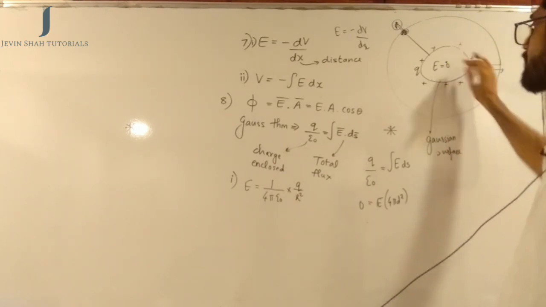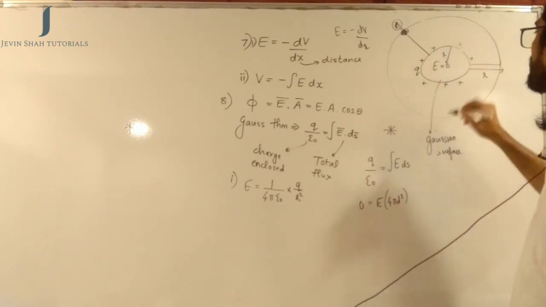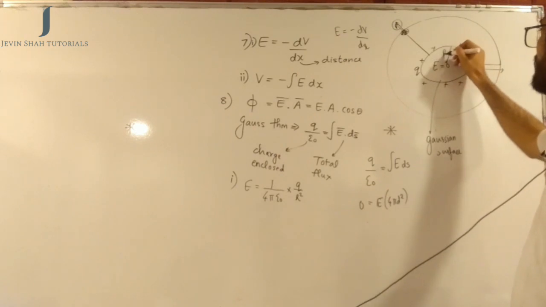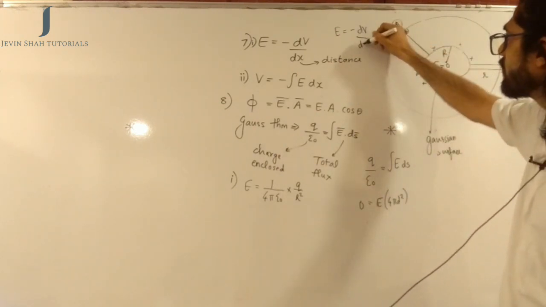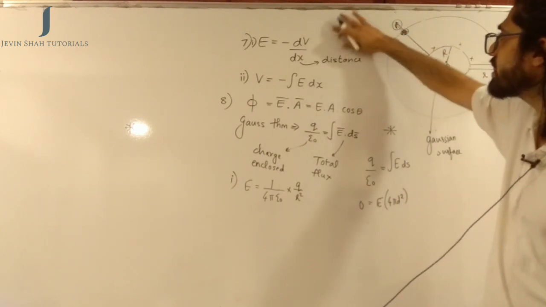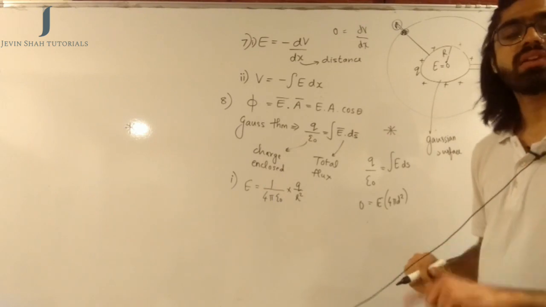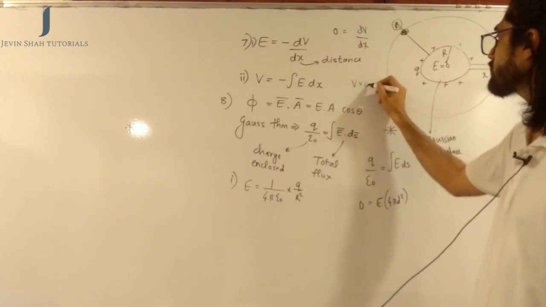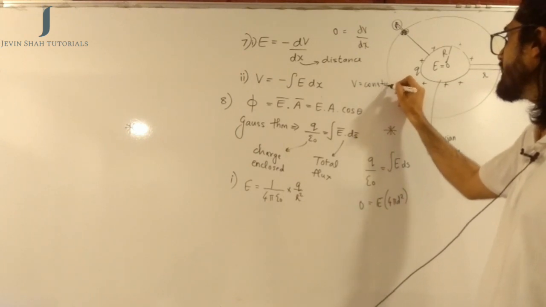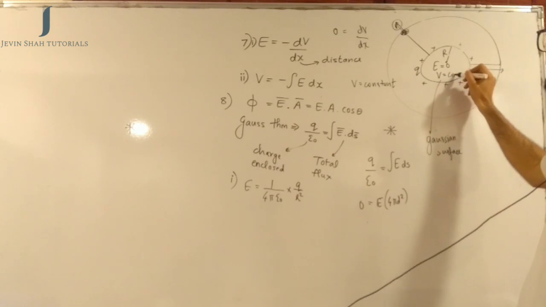If I mark this, this would be capital R, the radius of the sphere. So dV by dx: E is already 0, so I can say the derivative of V will be 0. And if the derivative of V is 0, then V will be a constant.